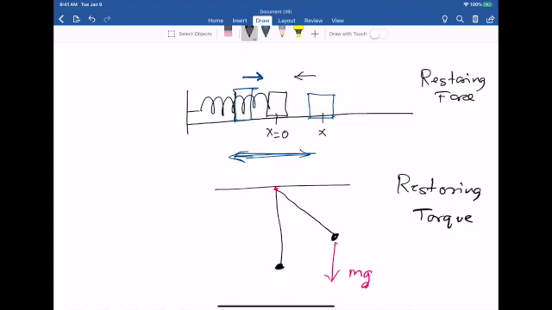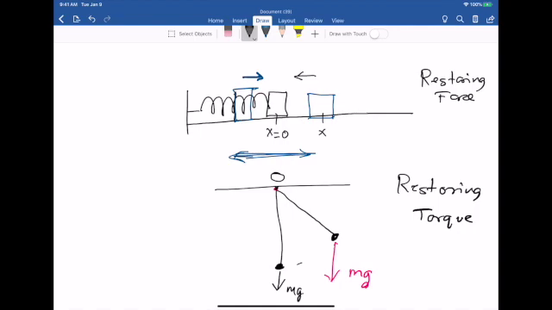And the same thing will happen. Once the torque brings the pendulum back to its equilibrium position, the torque will disappear, because the gravitational force will act straight down like this. It's not going to exert any torque about the point O, because, as it should be clear to you by now, if the line of action of the force passes through the reference point, then the torque is zero.